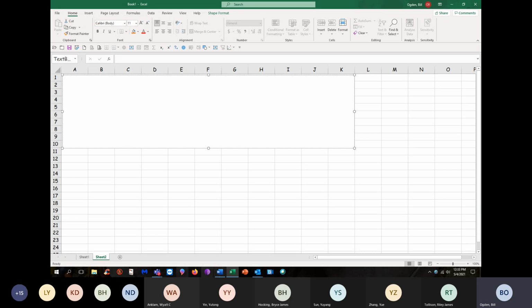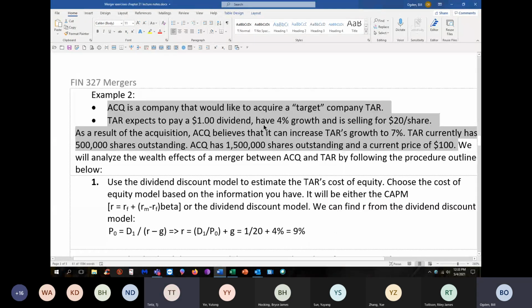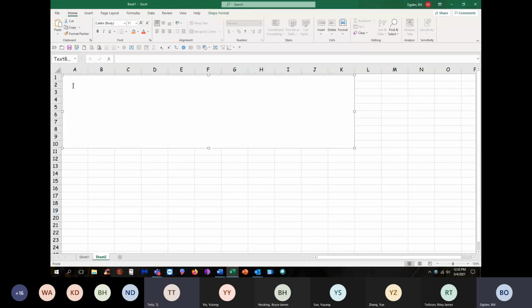All right, so now let's go back to the Word document, and take what we need to know in order to work this example. Let's copy this and drop it into this text box, and keep the source formatting.